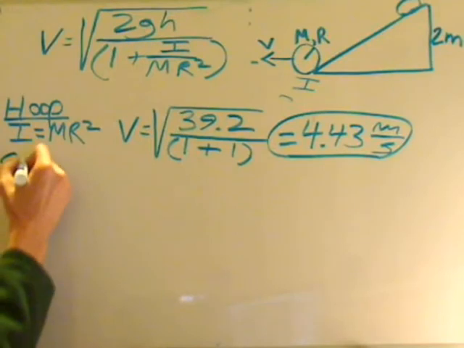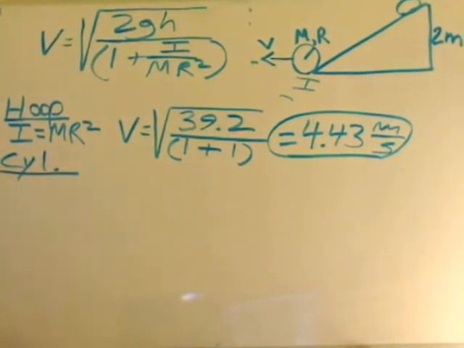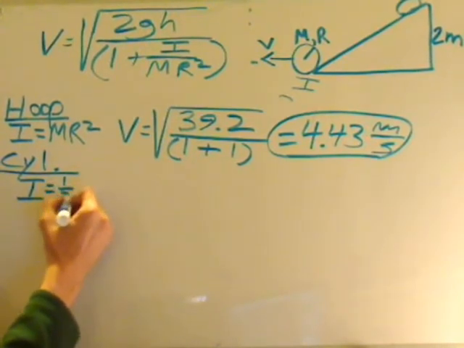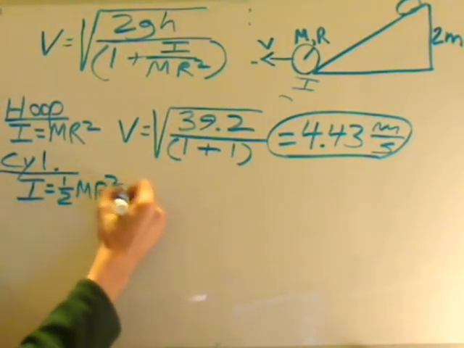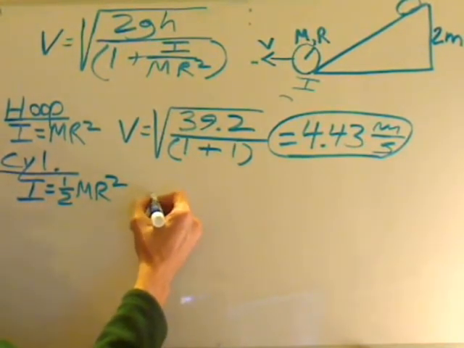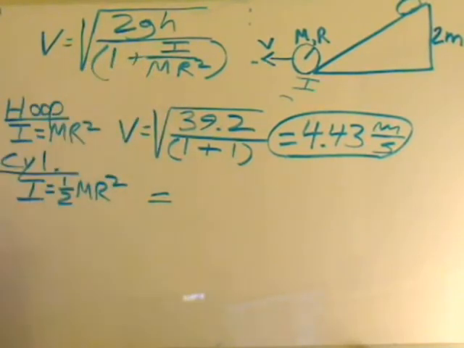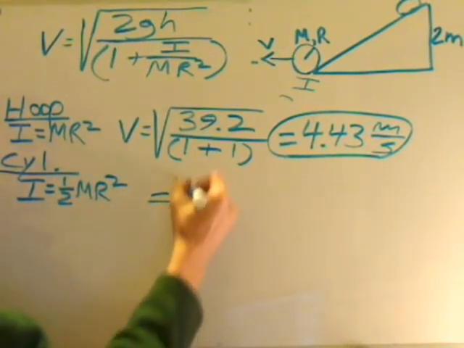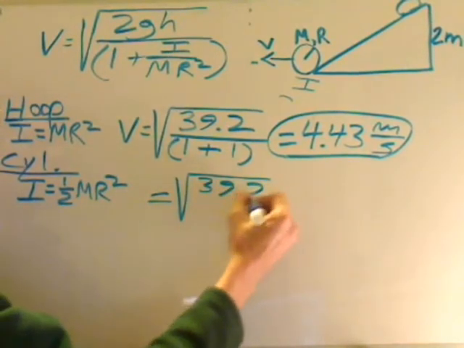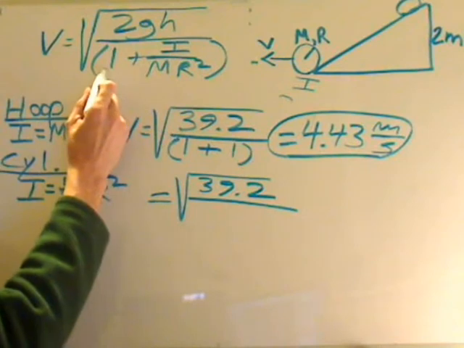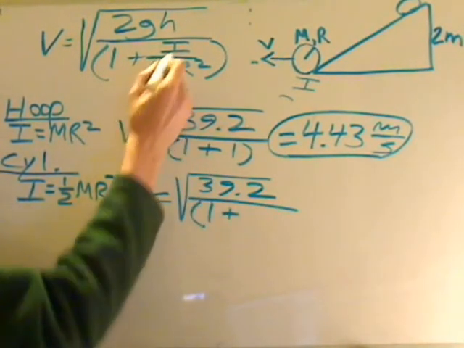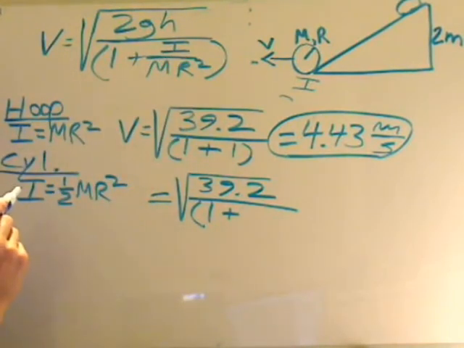Now, the cylinder. The moment of inertia of the cylinder is 1/2 mr squared. When we solve for velocity, it's the square root of 2gh, which is the 39.2 we calculated up here, divided by 1 plus moment of inertia over mr squared.